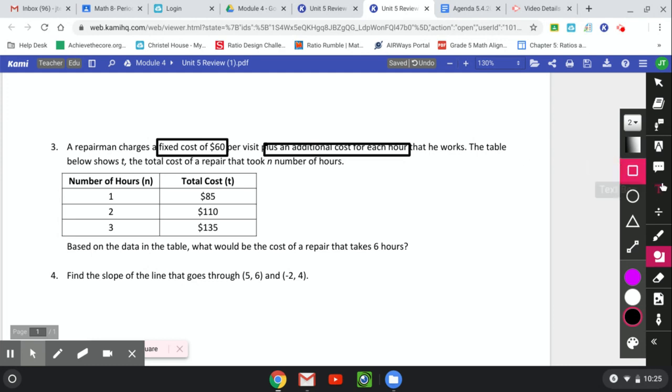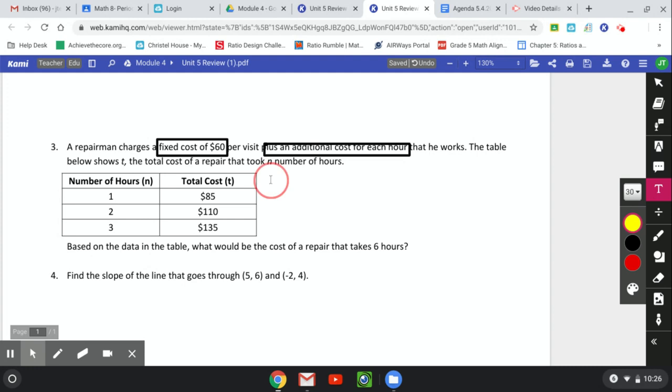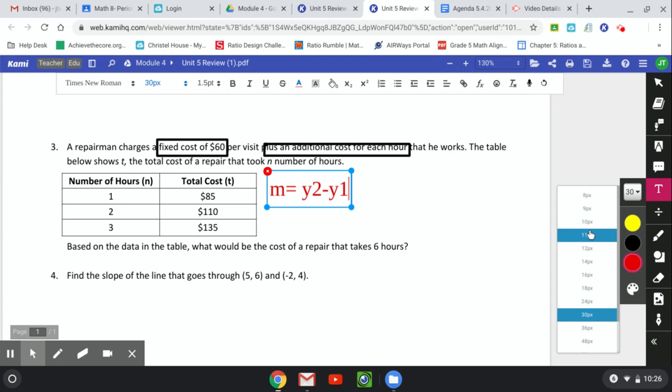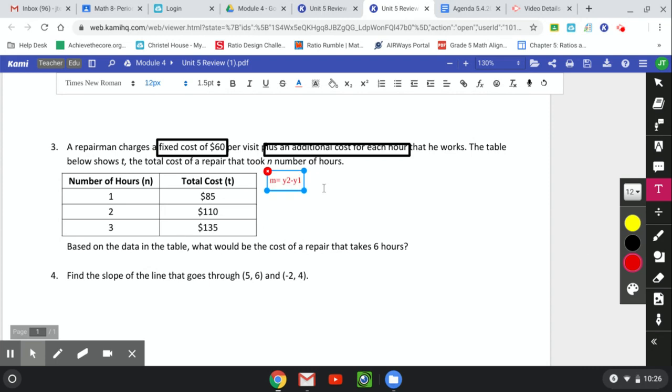So m is equal to y sub 2 minus y sub 1, and we are going to divide that by x sub 2 minus x sub 1.